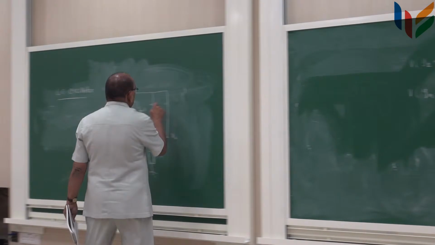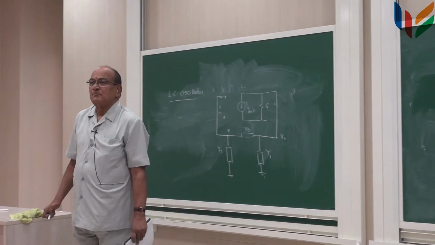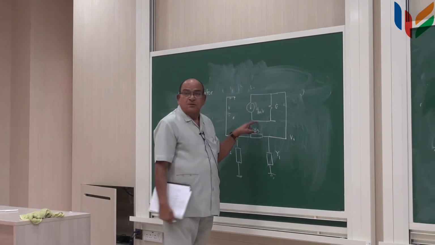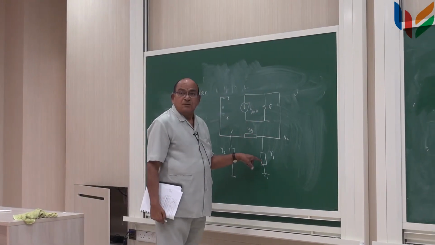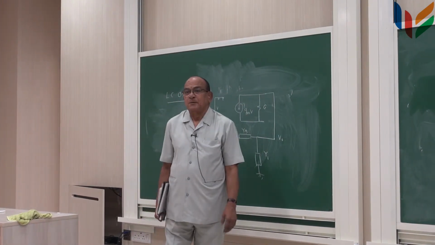G is this G. With this node equation, current plus this current must be equal to 0. That was the second equation.